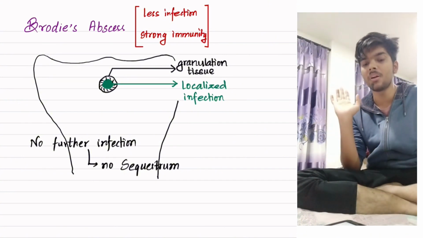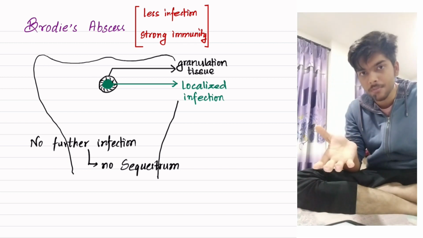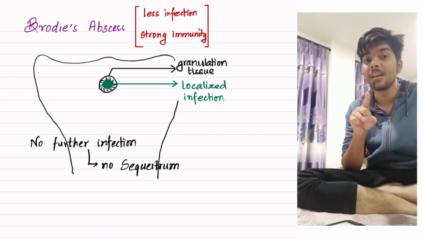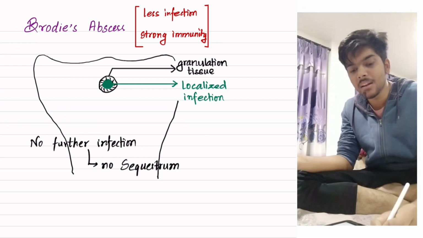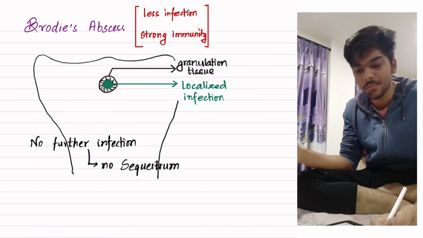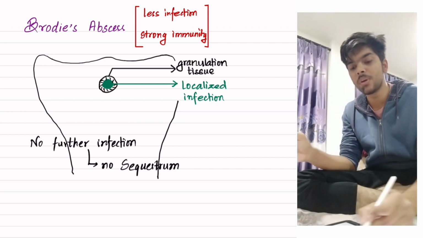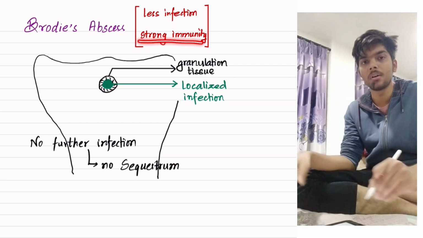In that particular condition, if the immune system of the individual is strong enough, then they can localize the infection. The infection gets localized at a point as it gets surrounded by granulation tissue which is rich in fibers. This happens when there is less infection and the immune system of the individual is strong.